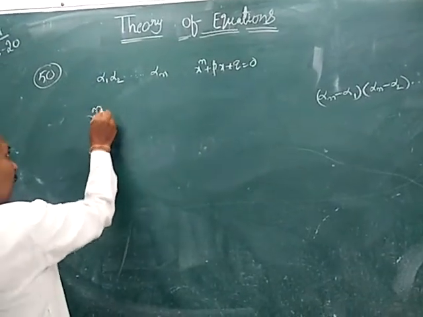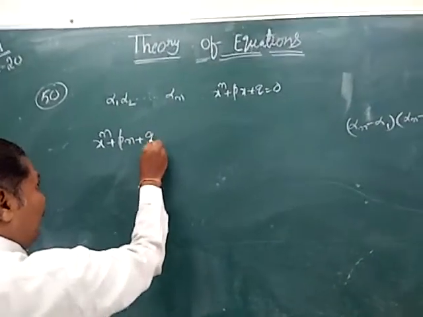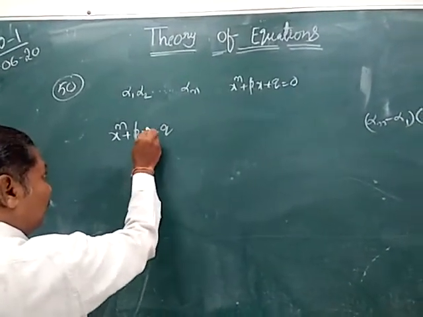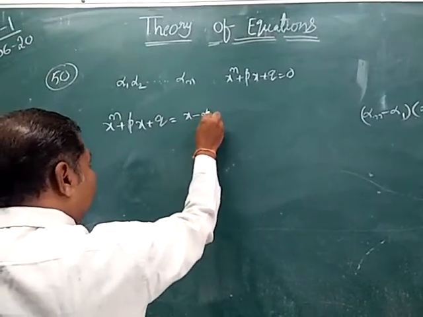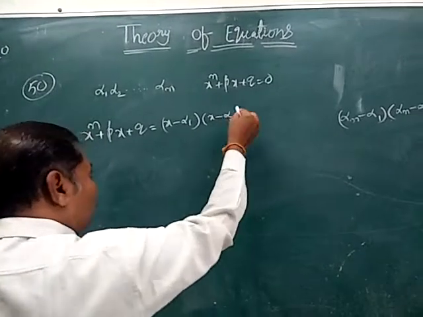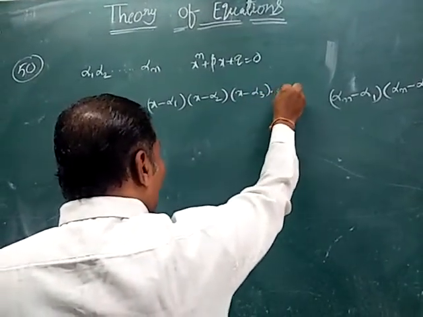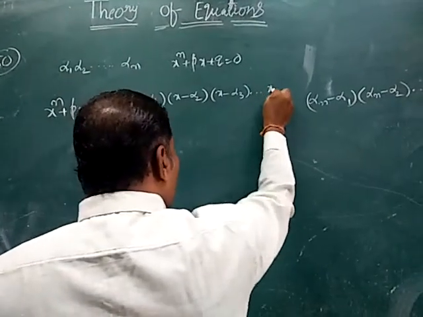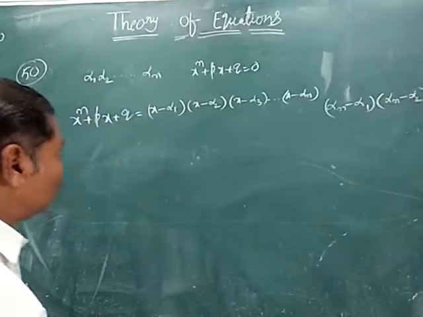So, listen carefully. x^n plus px plus q equals (x minus alpha 1)(x minus alpha 2)(x minus alpha 3) and so on, (x minus alpha n).